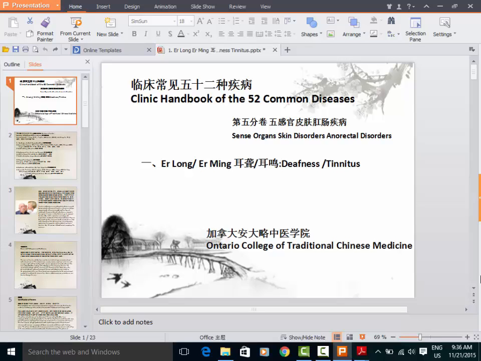And you also have to consider the location of any of the diseases. Hemorrhoids, for example, may be related to Dumai, right? But it's also related to the spleen qi sinking. Or any of the diseases, wherever it is in the body, consider the relationship to the meridian system.